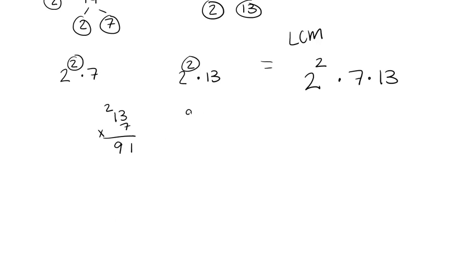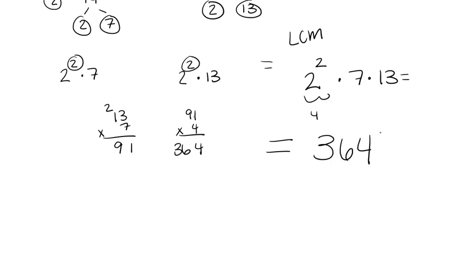So now we have 91, and then we just need to multiply it by 2 times 2, so that's 4. Because we just took this out and made it 4. So 1 times 4 is 4. 4 times 9 is 36. So when we multiply all of this out, it's equal to 364. And that would be our least common multiple.